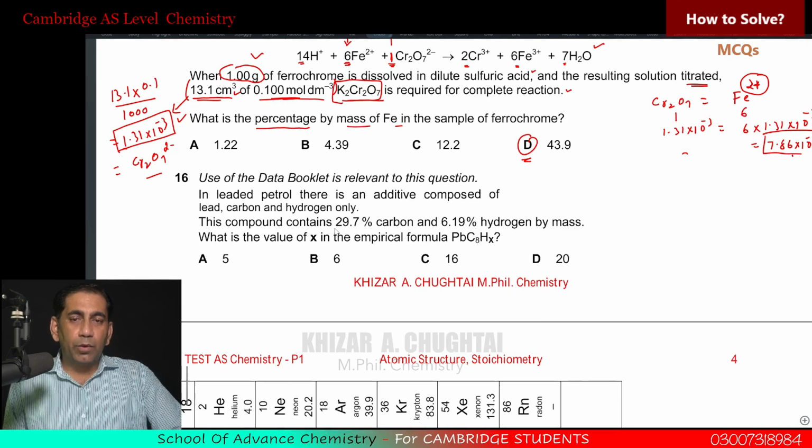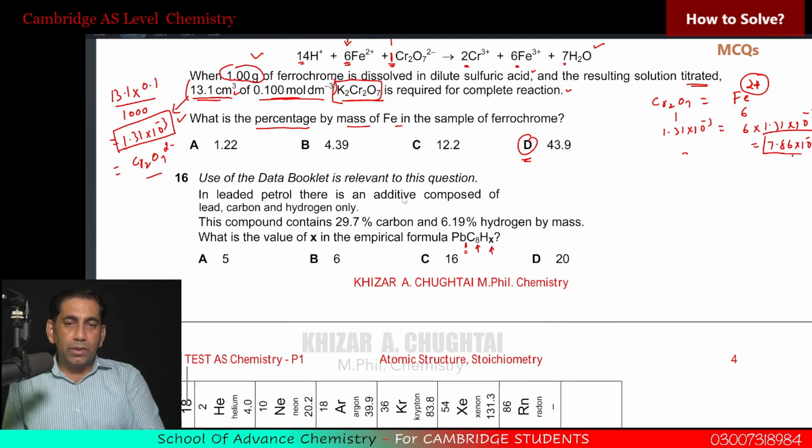This compound contains 29.7% carbon, 6.19% hydrogen by mass. What is the value of X in the empirical formula? In this case, you can see that the mole of Pb is equal to 1 and the mole of carbon atom is equal to 8, so what will be the value of hydrogen?